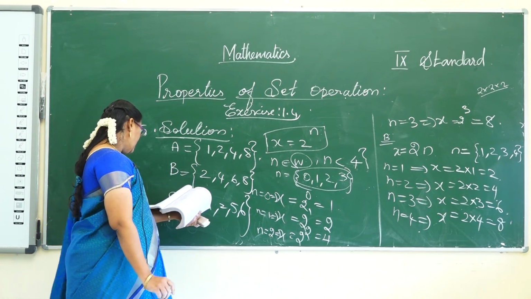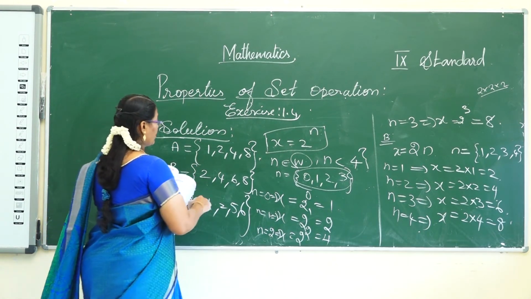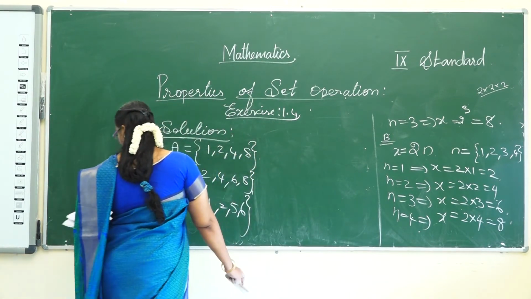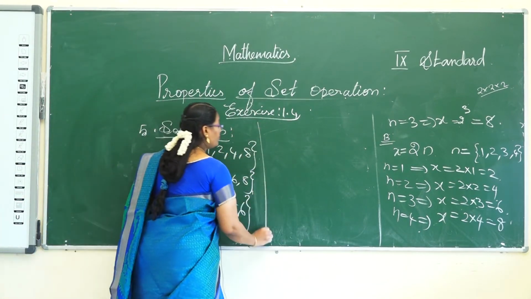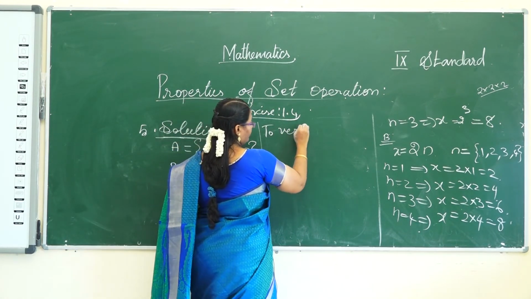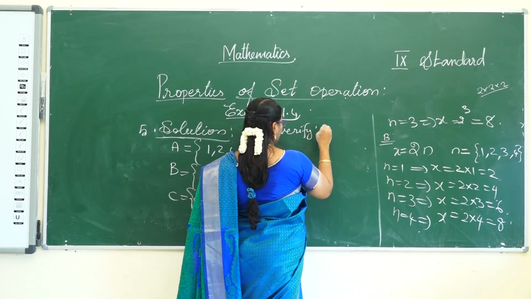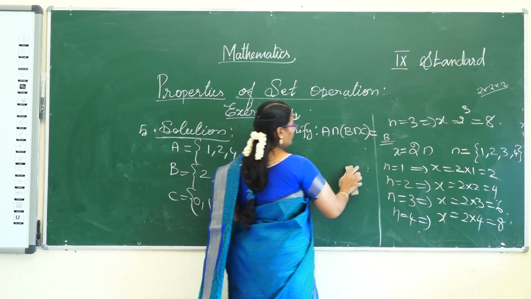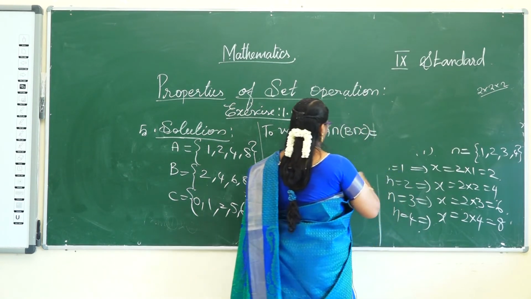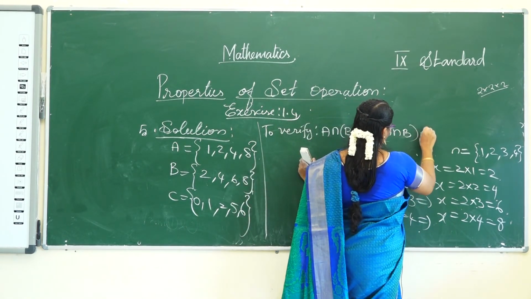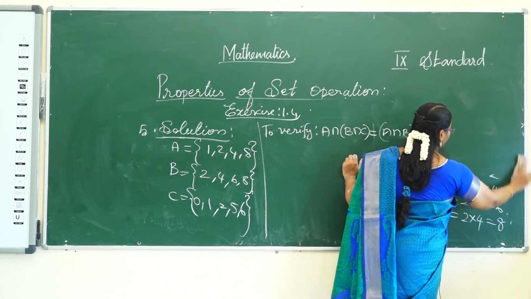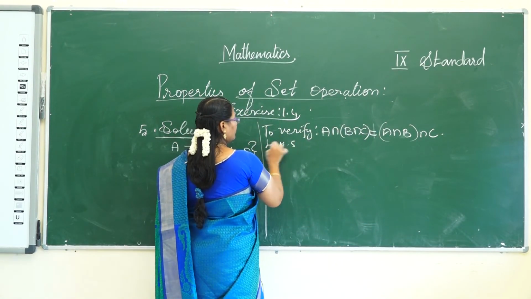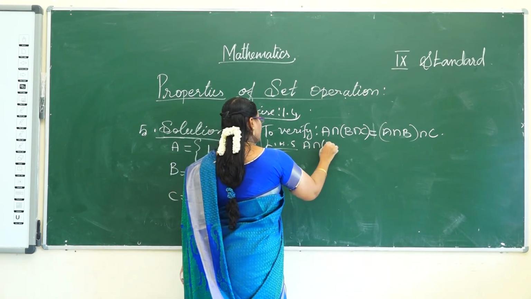Verify the associative property of intersection of sets. To verify the associative property of intersection: A intersection B intersection C is equal to A intersection B intersection C. So, left hand side: A intersection B intersection C.